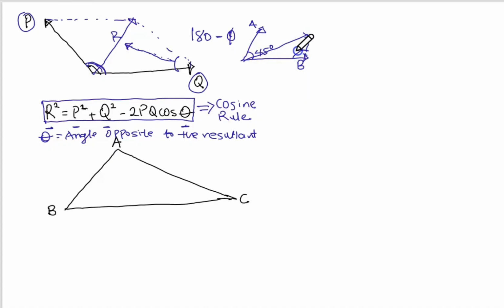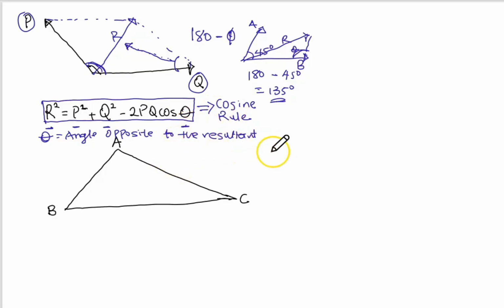This is the theta we need, the angle facing this resultant. So you just say 180 minus the angle given, which is 45 degrees, and this gives us 135 degrees. This is the angle you need to solve. So take note, theta in this formula is simply the angle opposite to the resultant. If you are given it, there is no need to go through that process.